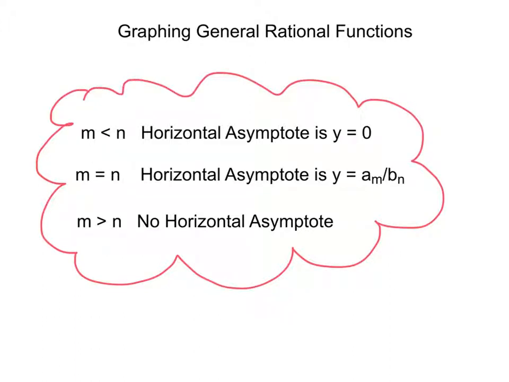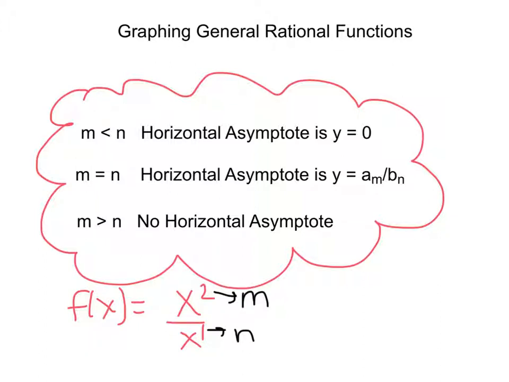The first one has this m and n quantity. For example, let's say we have f of x is equal to x squared over x. When we talk about the m and the n, our m is going to be the exponent of the numerator. The n, which will be a 1, is the exponent of the denominator.